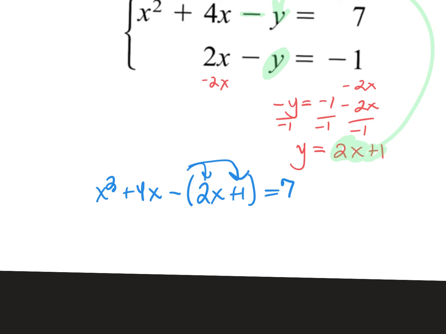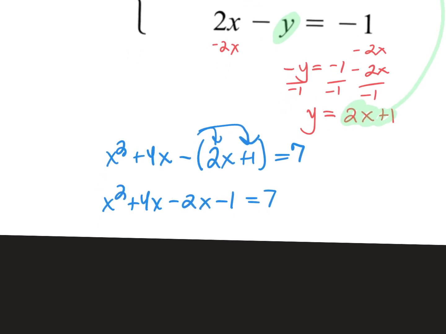So when I combine like terms, I have x squared plus 4x, this becomes minus 2x minus 1 equals 7. So x squared, what's 4x minus 2x? Plus 2x, good. What am I going to do with that 7 on that one side? I'm going to subtract. I've got to move it over because I have a quadratic, right?